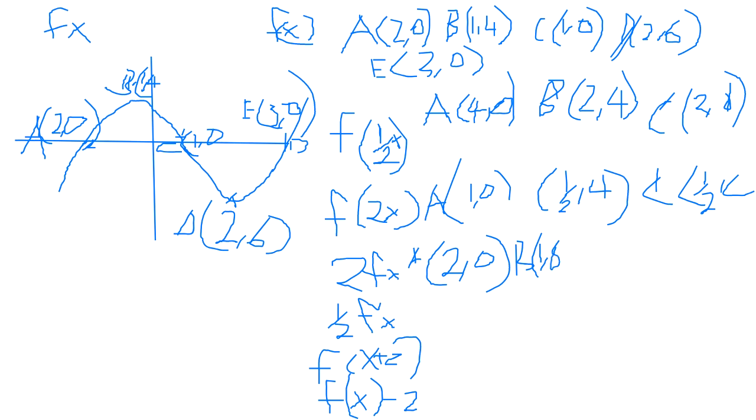Then my point C, which is 1, 0, will still remain 1, 0. My point D, which is 2, 6 originally, will become 2 comma 12.